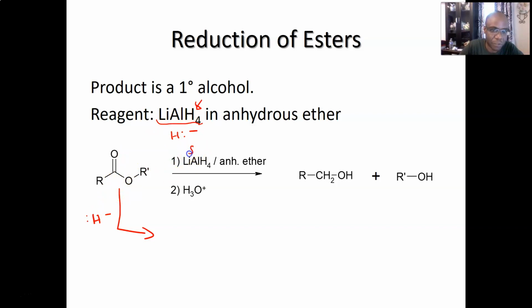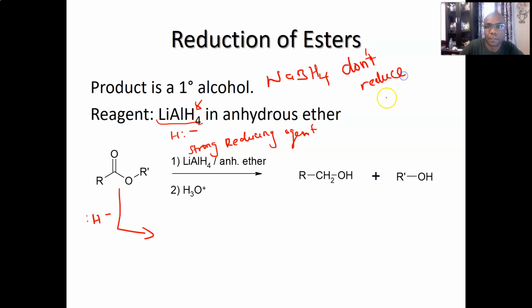It has to be a strong reducing agent like lithium aluminium hydride. Sodium borohydride doesn't react with esters. Okay, it does not reduce esters to alcohols. In fact, the reaction does not just happen, it never happens.